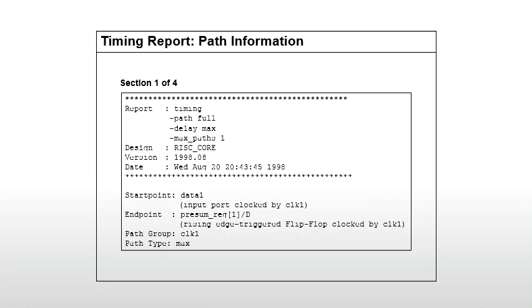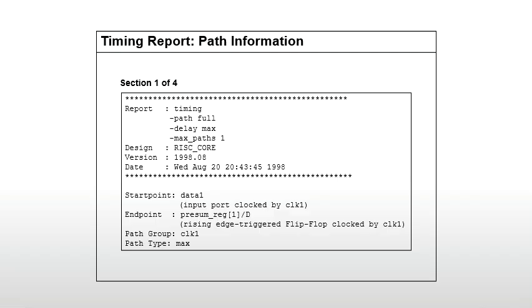The path information section of an STA report identifies the exact timing path being analyzed and serves as the starting point for timing debug. It specifies the start point, where data is launched, and the end point, where the data is captured or observed. The report also indicates the path type, showing whether a setup or hold timing check is being performed.